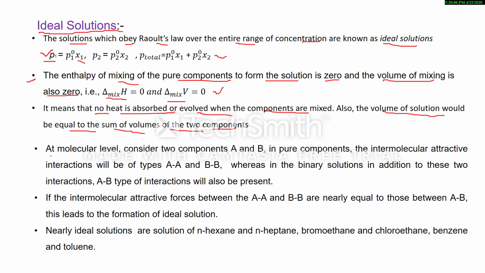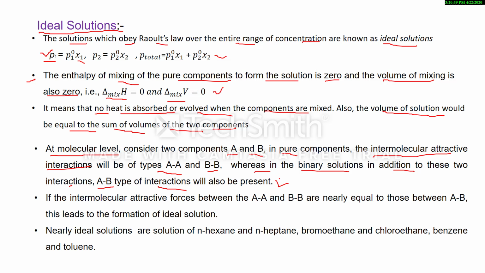But what about at molecular level? If we consider the two components A and B, then if these components are pure, the intermolecular attractive interactions will be of types AA in component A and BB in component B. Whereas in a binary solution, in addition to these two interactions, AB types of interaction will also be present.